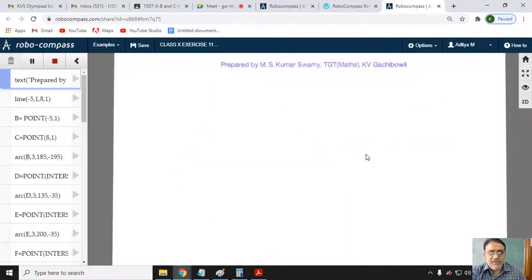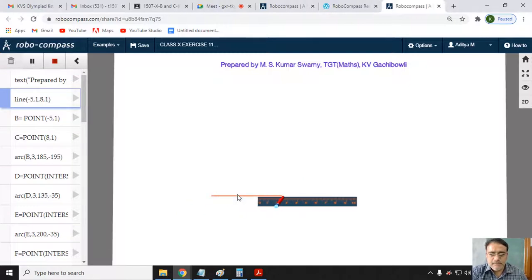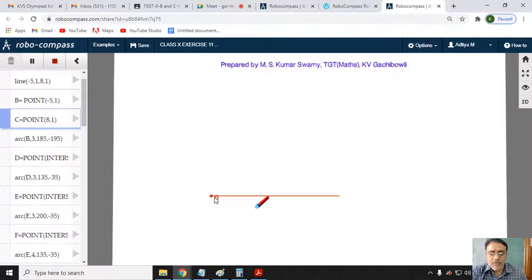Right. So first what we will do, we will draw one line segment. Okay. So एक line segment हम draw कर रहे हैं BC. So we'll mark B and C. Okay. अब यहाँ पे हम लोग को एक 90 degree draw करना है because angle B is given 90 degree.